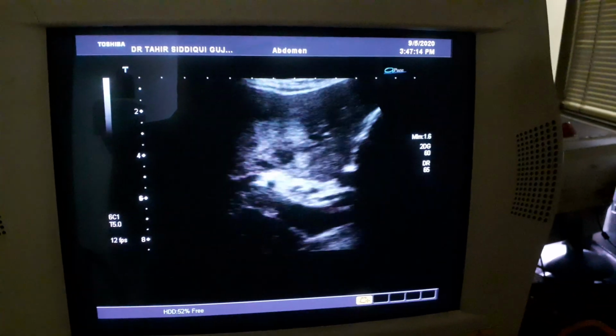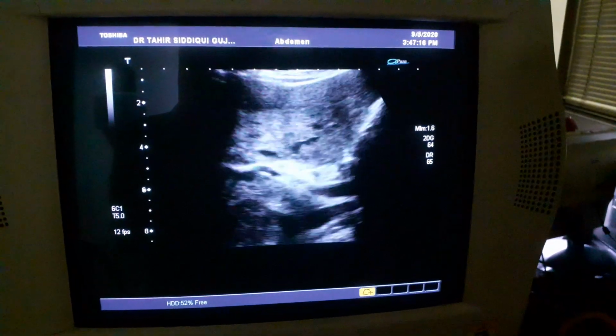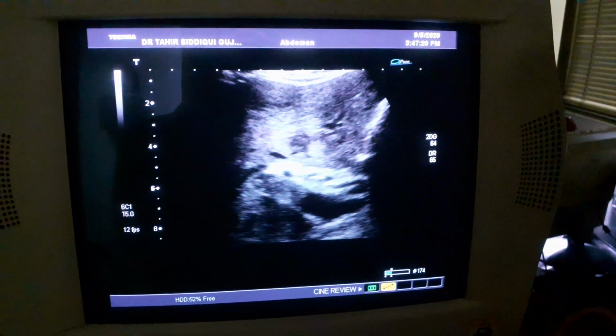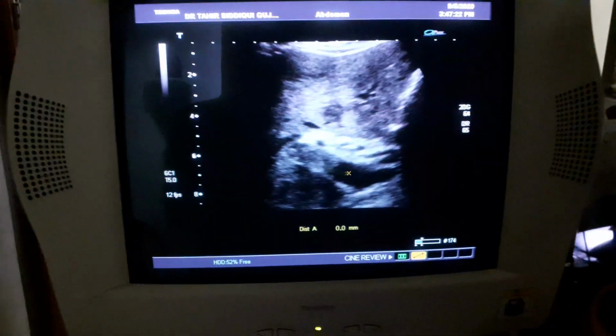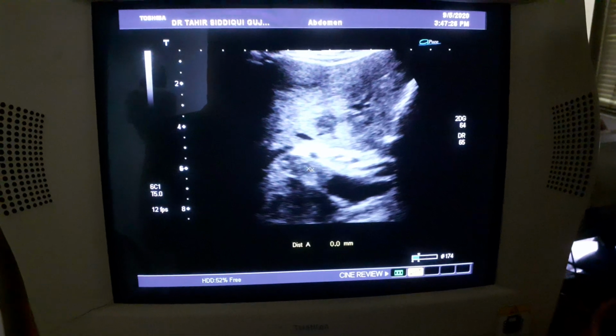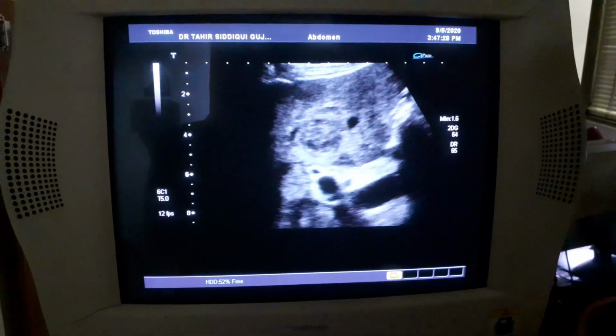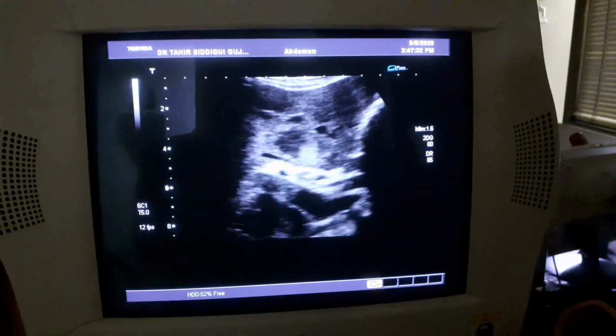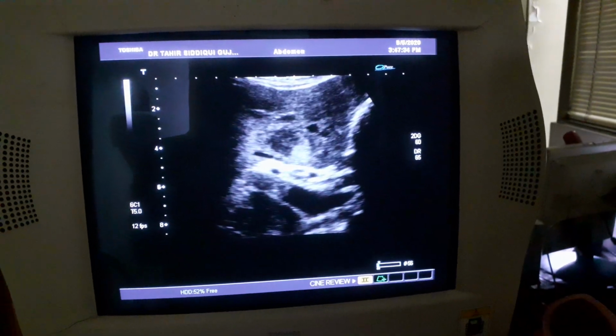Now I'm coming towards the portal vein. This is the portal vein, and you will see a clot within it. This echogenic area filling it is the clot within the portal vein.